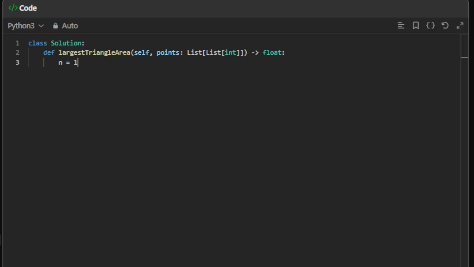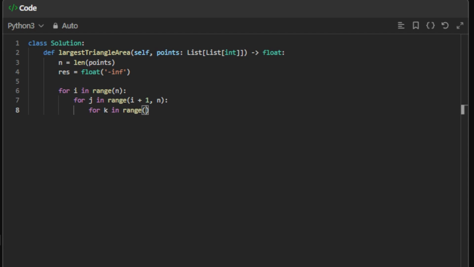First we say n is the length of points, and the result is minus infinity. We need to return the maximum value, that's why we start with minus infinity. And now we can try every triplet, meaning every triangle. So for i in range n, for j in range from i plus 1 to n, and for k in range from j plus 1 to n.